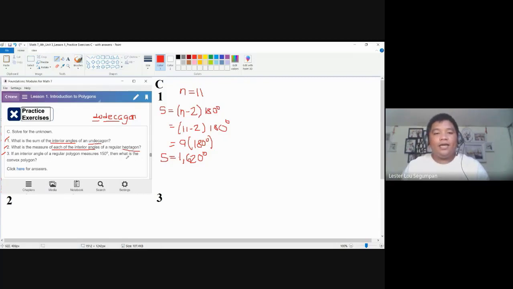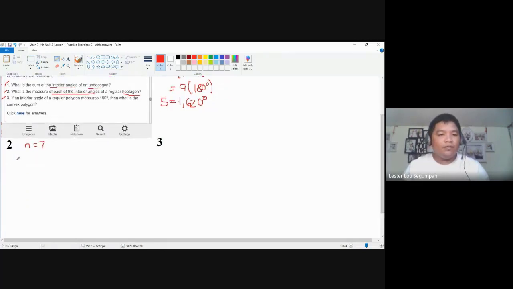So we are no longer tasked to determine the sum of the interior angles, but the measurement of each interior angle of a regular heptagon. We're still going to use the same formula because, to determine the measurement of each, we need to determine the total first. And we know that a heptagon is a 7-sided polygon.